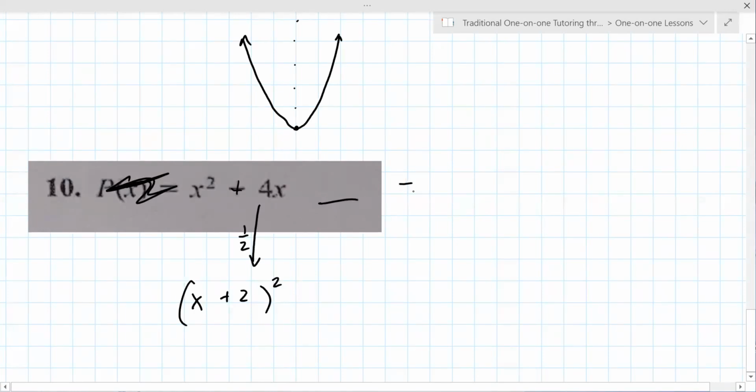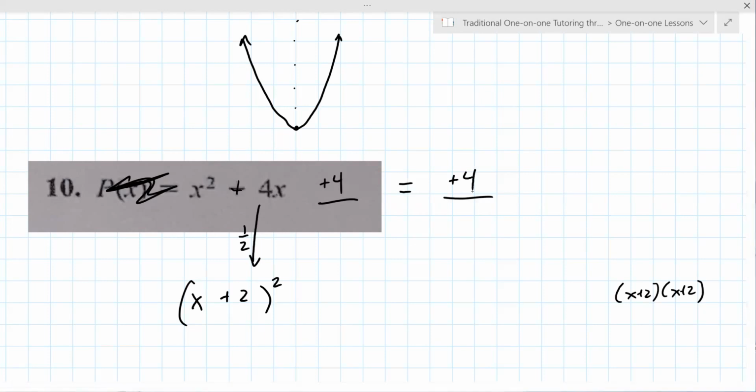When you square this thing right here, what number goes here? When you expand this binomial, when you write x plus 2 times x plus 2, it'd be 4. Plus 4, right? So to be fair, you have to give it to both sides. Does that make sense?